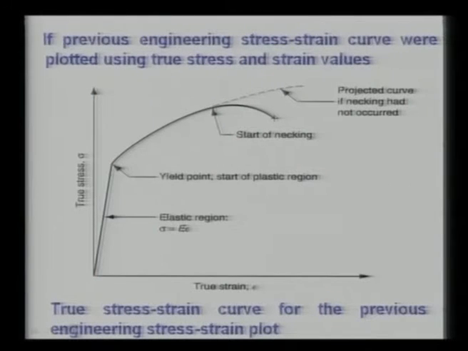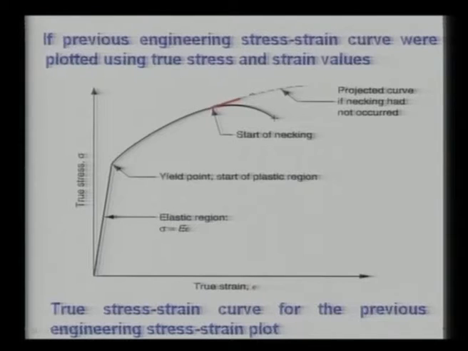Now coming to the concept of the true stress true strain curve. What you have seen here is that the engineering stress strain curve is essentially based on the initial original cross sectional area. But the true stress true strain curve is actually based on the instantaneous cross sectional area.